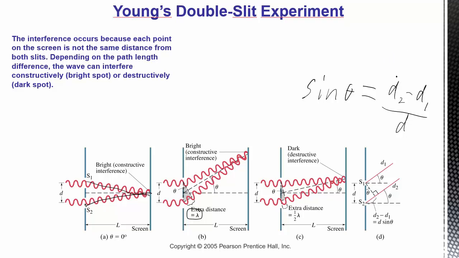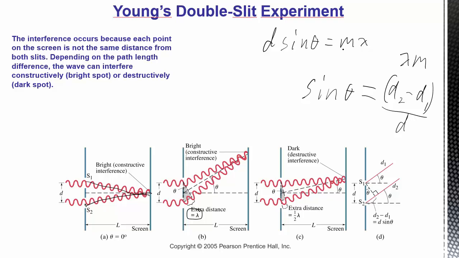Well, as long as this here, which is the difference in the path length, is equal to a wavelength or multiple of the wavelength, then we are going to get a bright spot. So we can rearrange this, and we've got d sine theta equals, it's usually written with m first, m times lambda, where m is just any integer, any positive integer typically.